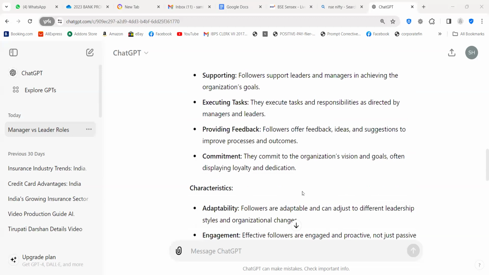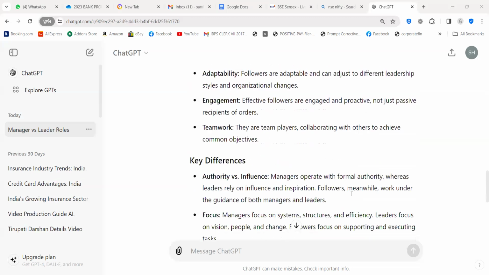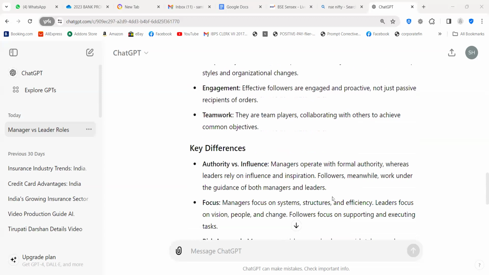Commitment: they commit to the organization's vision and goals, often displaying loyalty and dedication. Characteristics. Adaptability: followers are adaptable and can adjust to different leadership styles. Engagement: effective followers are engaged and proactive, not just passive recipients of orders.